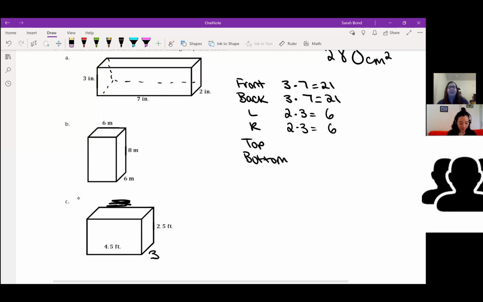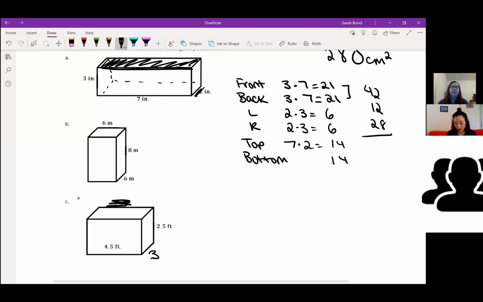Top and the bottom, this side. So this long side is 7, the other shorter side is 2. Then add them all together. 82 inches squared.